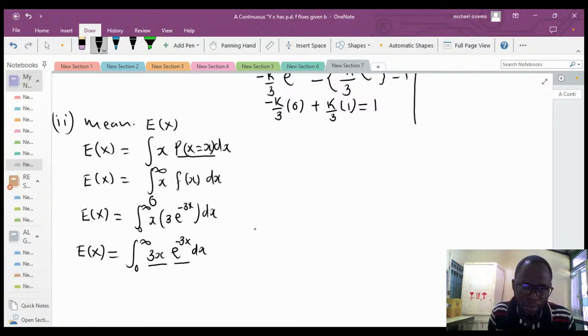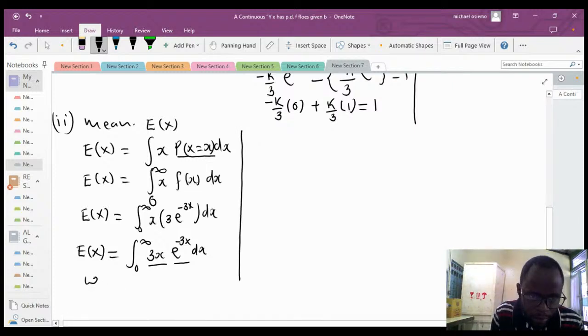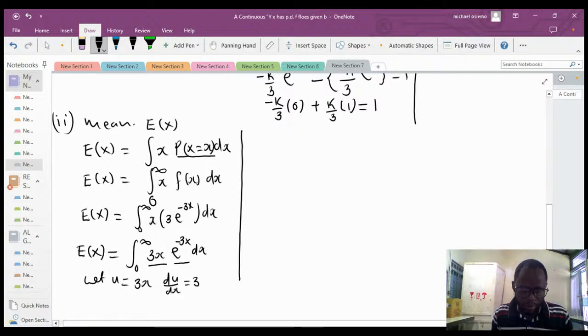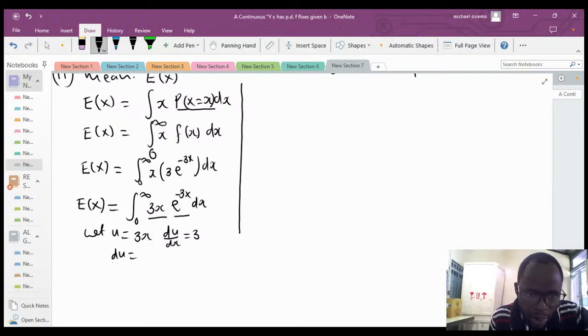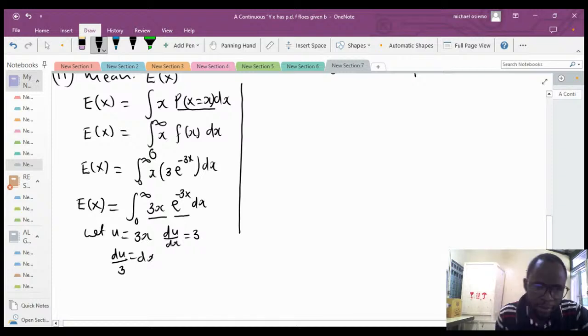And so we're going to let our u be equal to 3x. So this means that our du/dx will be equal to 3, and this means now our du is equal to 3 dx.